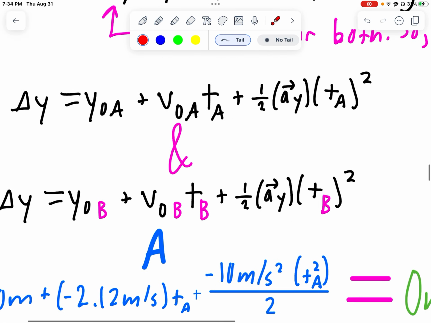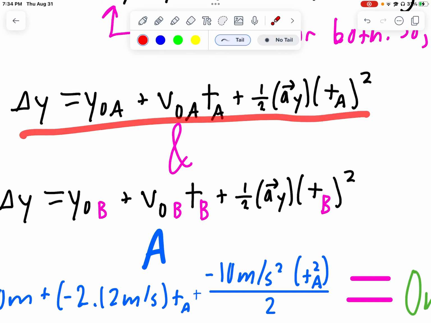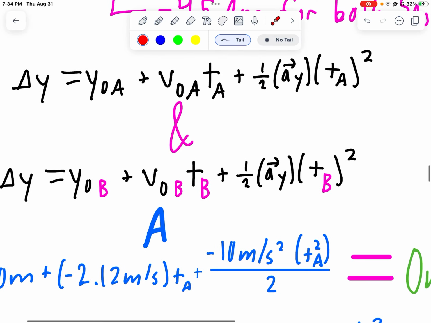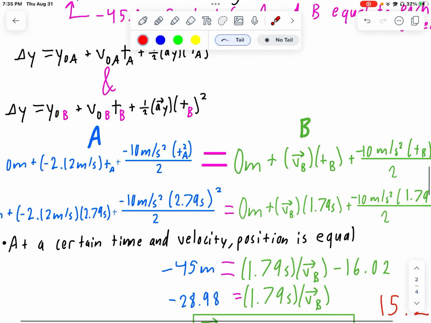So this formula number 2, I made a version where I plugged in the a values for the a variables, and then a version where I plugged in the b variables. Set them equal to each other because, once again, they both equal the negative 45 meters of vertical displacement.